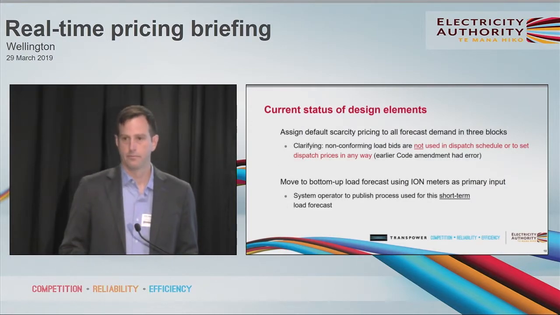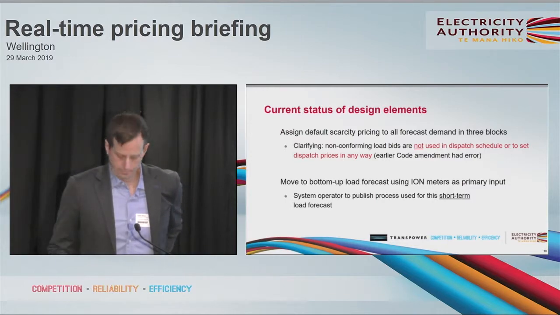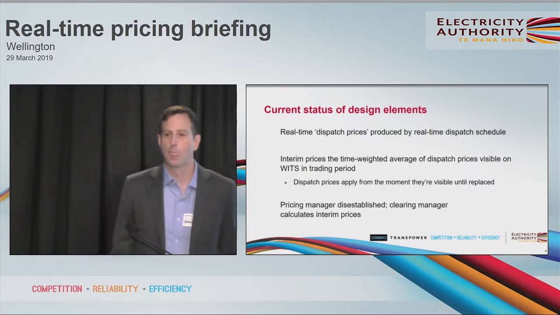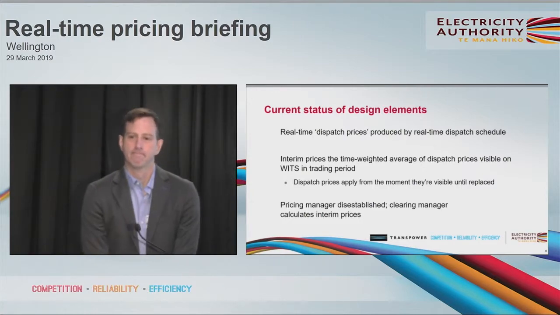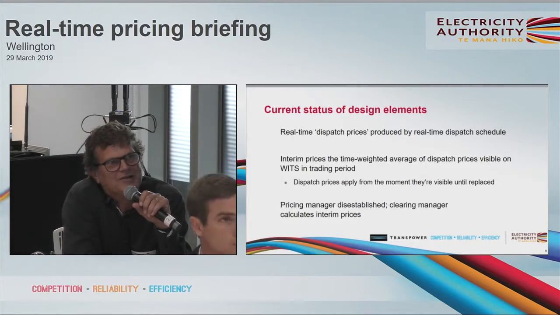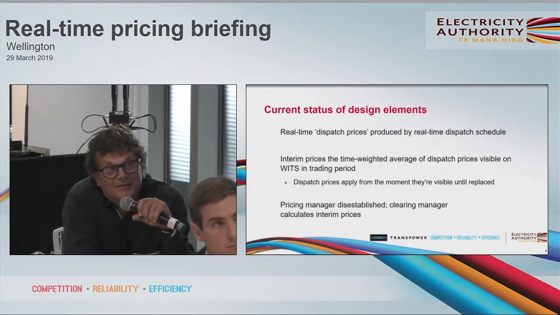Justin, just one quick question about the visibility. So when there's a WITS outage, say for an hour and a half or so, we won't have sight on those prices. So therefore, the last price seen remains that price for the next hour and a half? That's the intent.